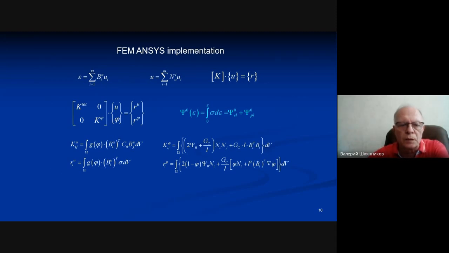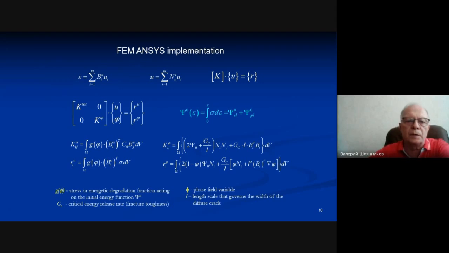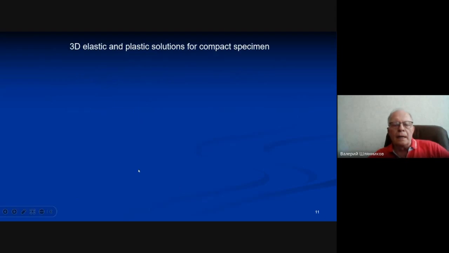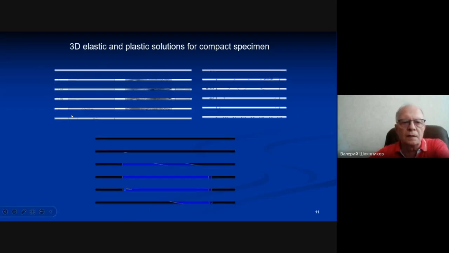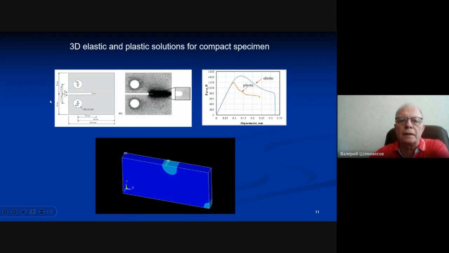This equation includes the governing parameters of the phase field approach, that is a stress degradation function, the critical energy release rate, that is the fracture toughness or property of the materials, the phase field damage parameter, and the length scale factor. And now I move to our numerical examples. The first of them is the well-known compact tension specimen.